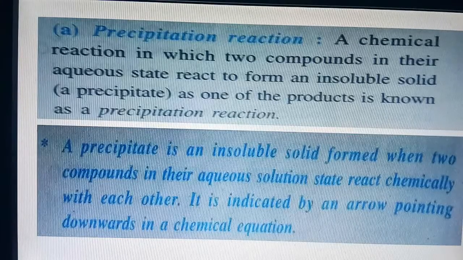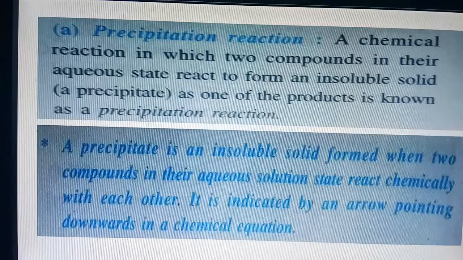This insoluble solid formed as a result of a precipitation reaction is called a precipitate. So in short, a precipitate is an insoluble solid formed as a result of a precipitation reaction.